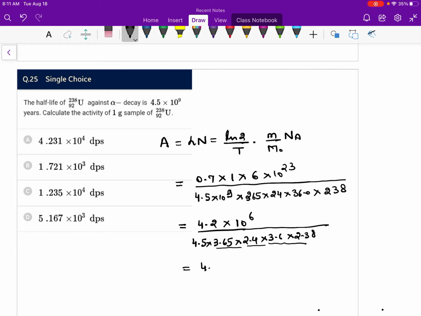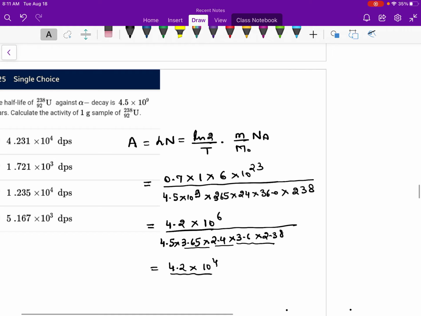So let's take 4.2 upon 1.44 into 10 to the power 4. I have taken the lower side, 4 3s are 12, 2s are 24, 3s are 72, 2s are 144, but of course this number will be greater than 144, say in between 2 and 3. So this should be less than 4.2 upon 2.